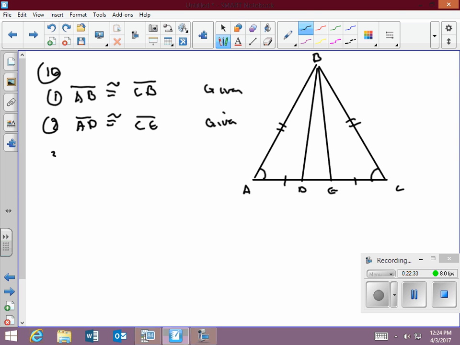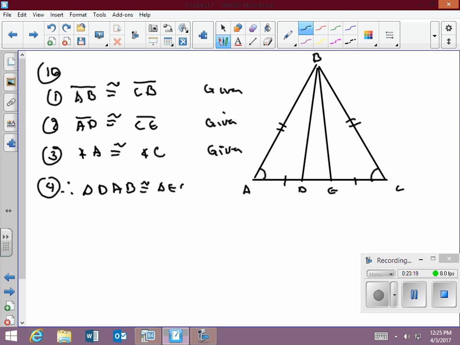And then angle A is congruent to angle C. And then the three little dots are therefore, triangle DAB is congruent to triangle EC, and that would be side, angle, side.